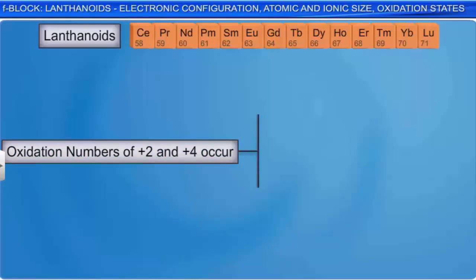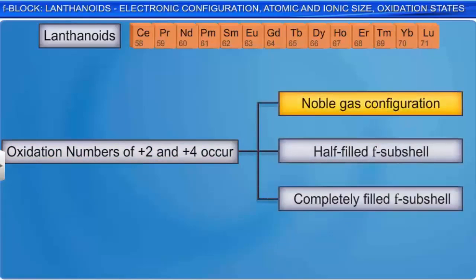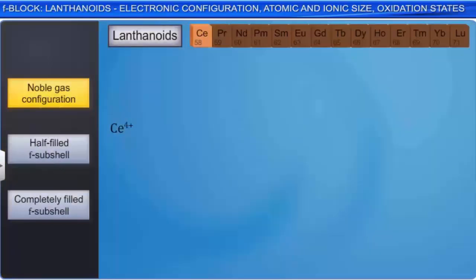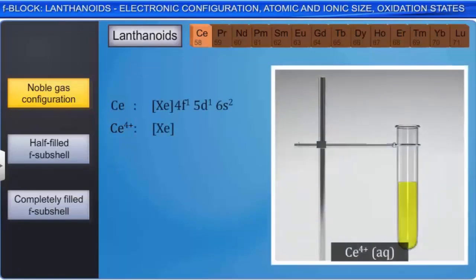An example of the first case is the cerium 4+ ion. Although cerium 4+ is favored by its noble gas configuration, it is a strong oxidizing agent, which is evident by the standard reduction potential value of the Ce4+/Ce3+ couple.